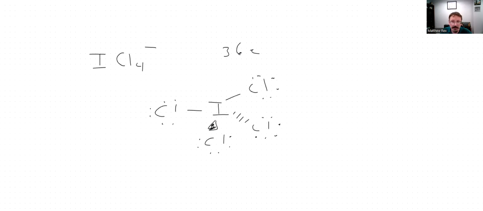So that's going to give us 24, 26, 28, 30, 32. We need 36, so I have 2 lone pairs on the iodine. They're going to end up on the top and the bottom, so we're going to end up with something that is square planar. For this one, answer C.